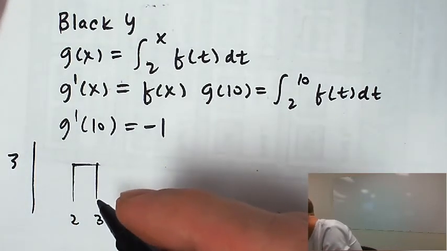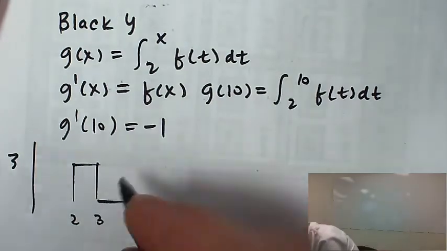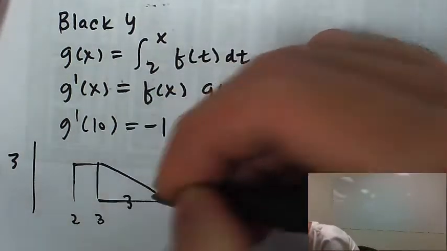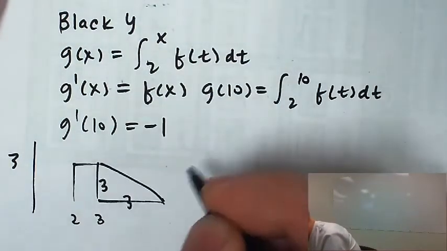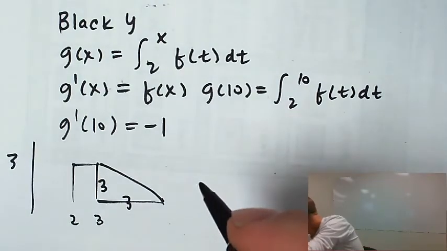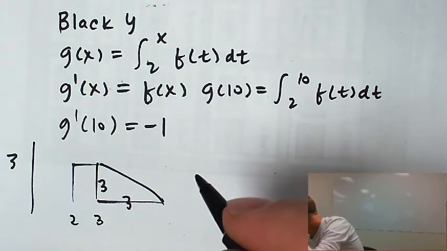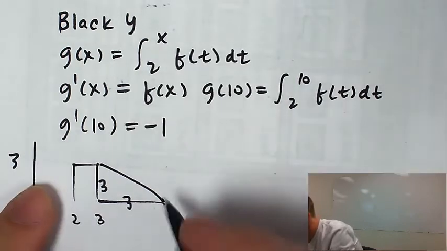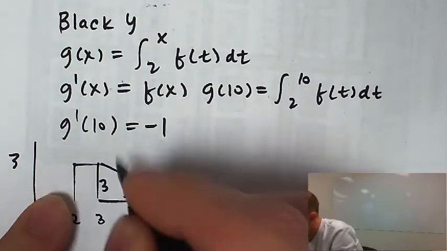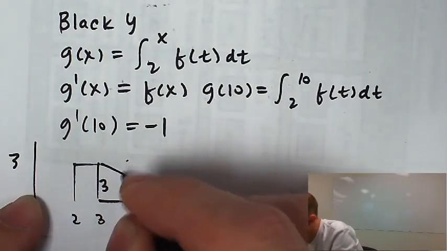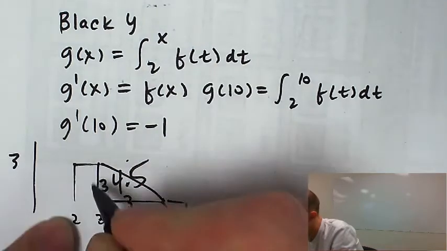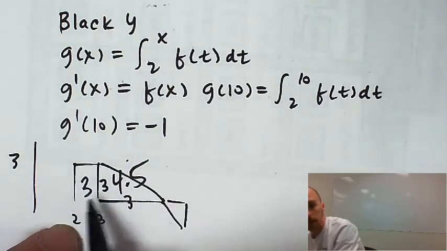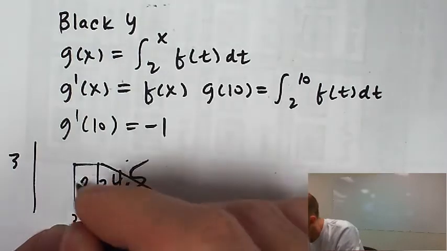Then there is a triangle with width 3 and height 3. Then from 3 to 6, there's a triangle with, hold on, this is 9 over 2. Let's just say 4.5. This is 3. So I'm at net 7.5.